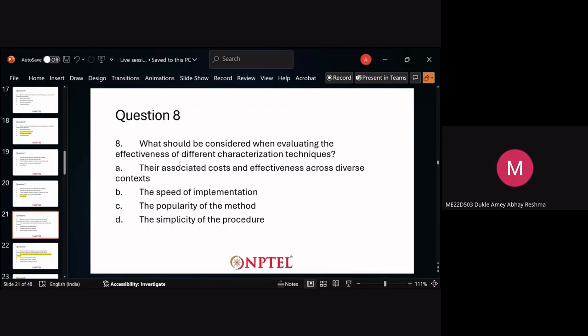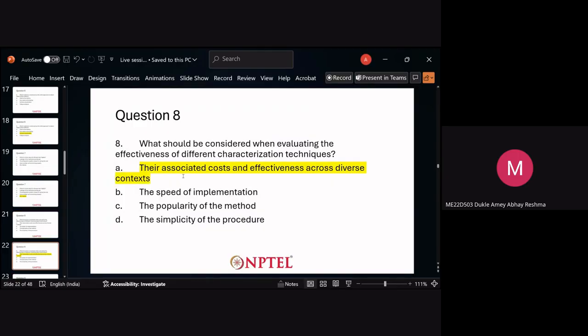What the question wants to ask you is: you are an engineer, and you have found there is some problem with this material. Obviously there are tons of characterization techniques you can do. What will be the factor with which you choose the characterization technique?